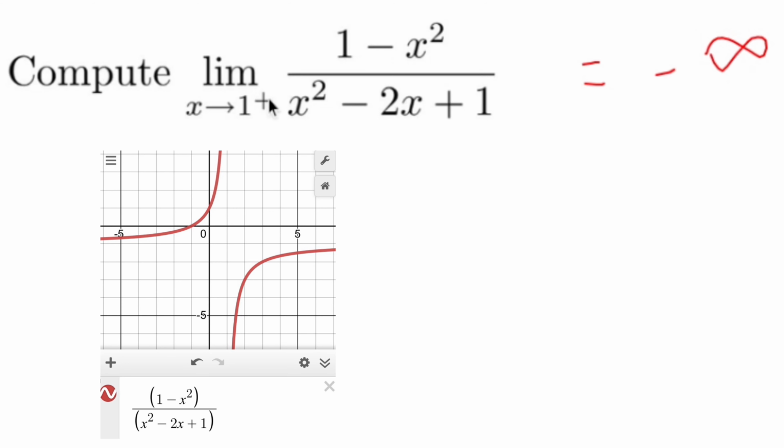Now, if this was a minus sign, that would mean from the left, that would be positive infinity. And if I were to put just regular 1 here, since the left and the right side don't meet up, the limit does not exist. But in this case, I only care about where this graph is going as it approaches 1 from the right, and it dips down, which means negative infinity is going to be my answer.